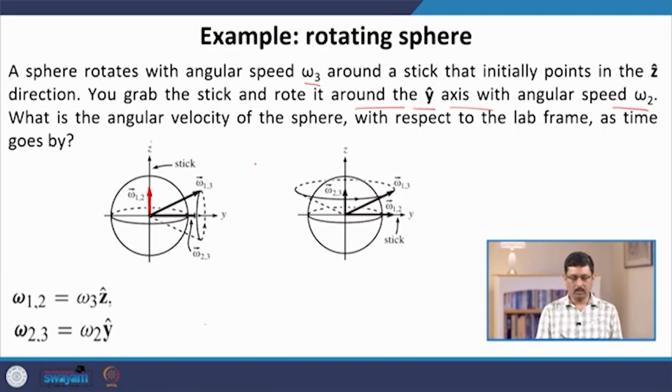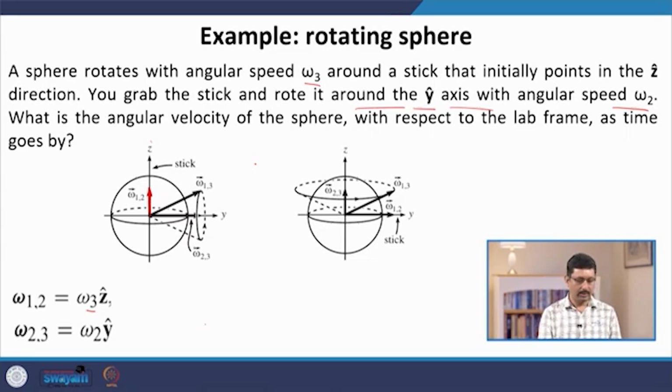Then the question is, what is the angular velocity of the sphere with respect to the lab frame? In the notation that we used earlier, this is w3 along z hat. There are 3 frames: the frame of the sphere, the frame of the stick and the lab frame in which we are observing.